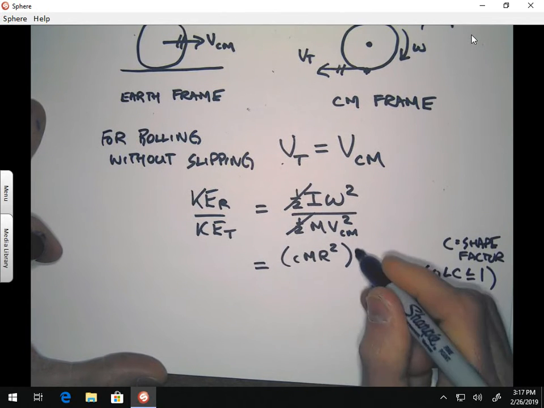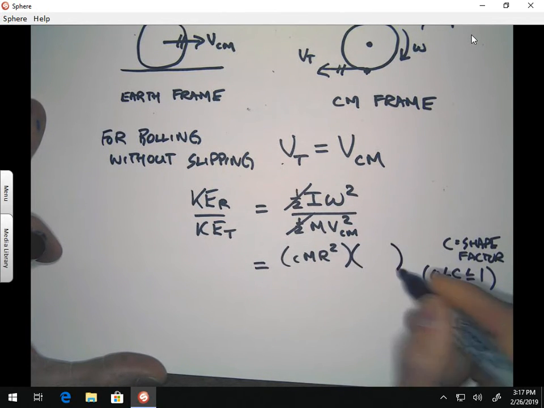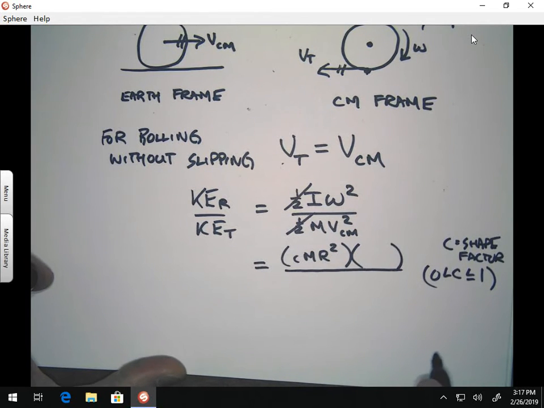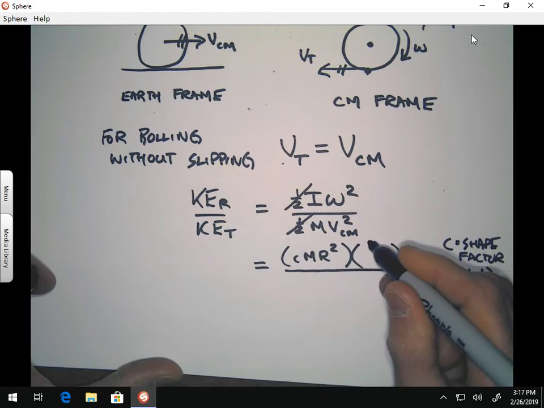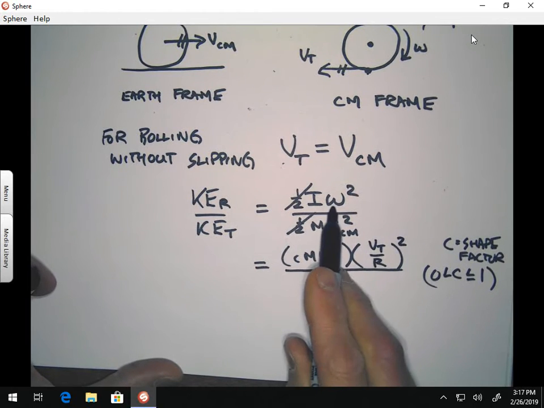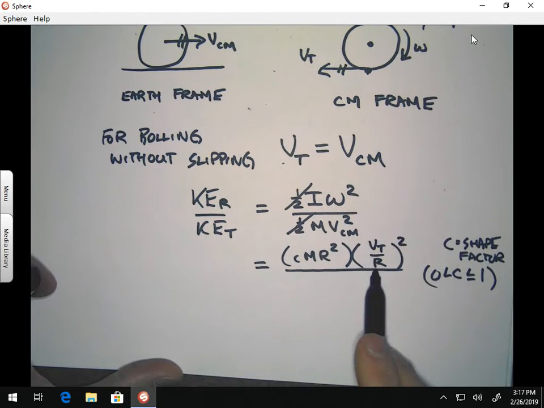And then for omega squared, I'm also going to do a substitution. Here I'm going to take omega and replace it with tangential velocity over radius. Okay? Now, you're probably going, what?